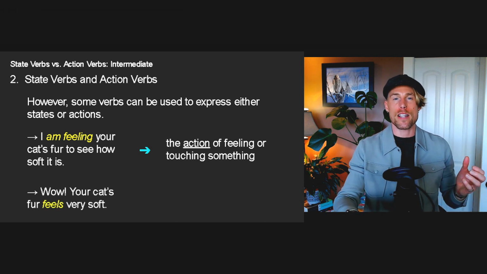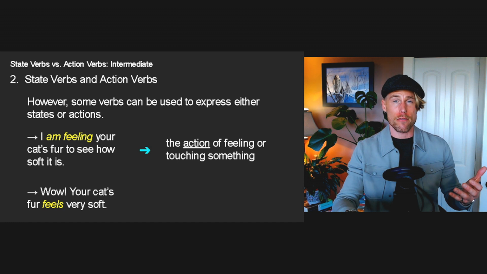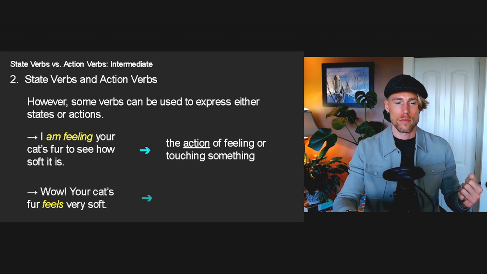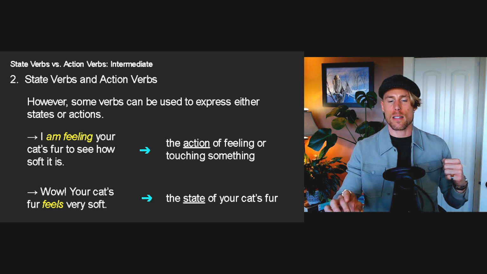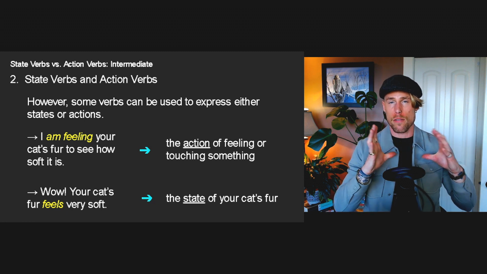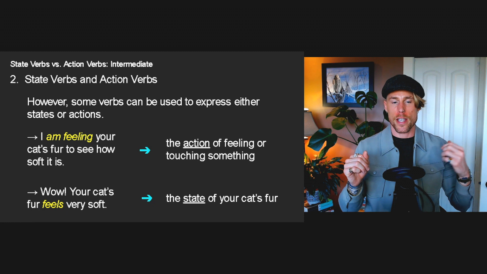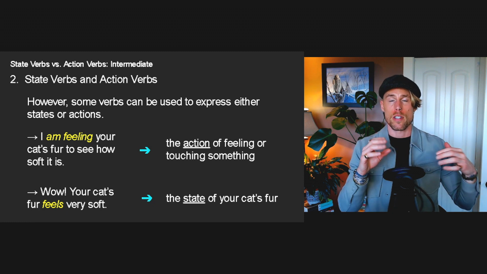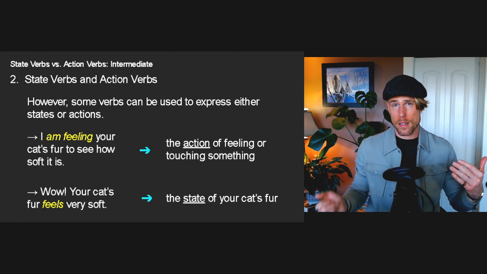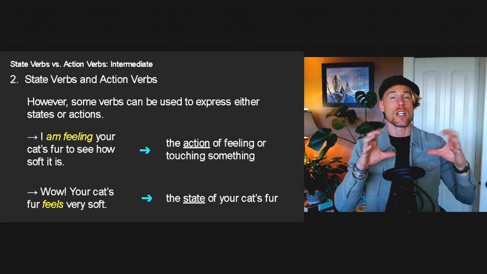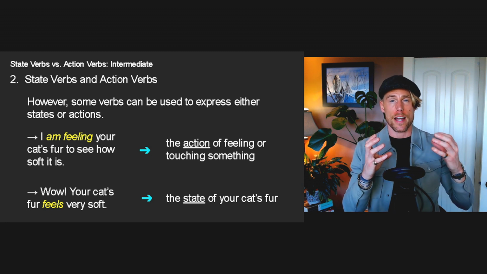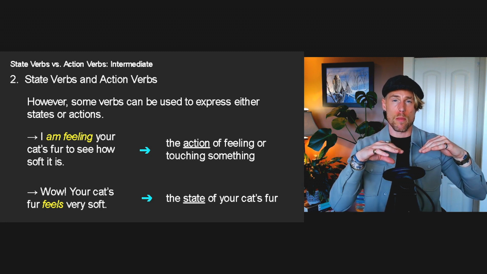Wow, your cat's fur feels very soft. This is the state of your cat's fur. Another way to say this is your cat's fur is very soft. This is the condition or the state of your cat's fur at the moment, right?